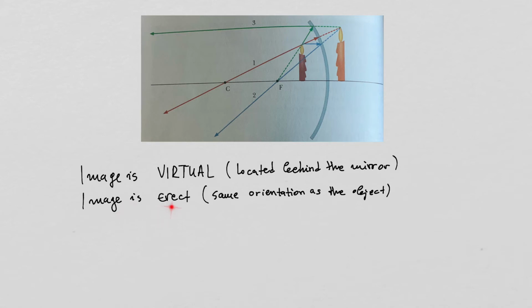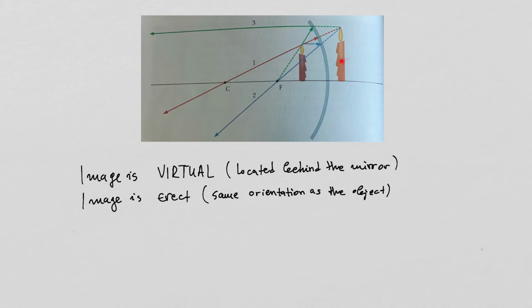Second, the image is erect because it has the same orientation as the object. In the previous example, the image was directed in opposite direction to the object, and so we said it was inverted. But now, since both the object and the image point in the same direction, the image is erect. We also notice here that the image in this particular example is larger than the object.